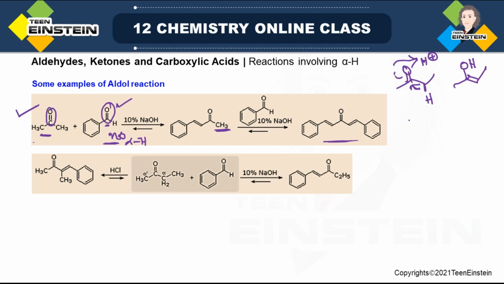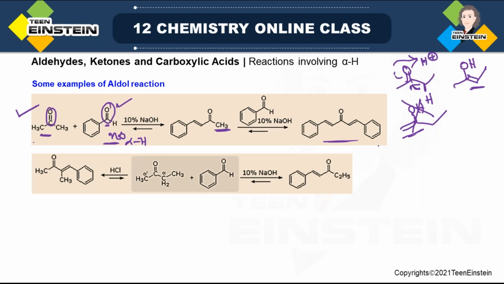If you are thinking why not the other position, if you consider the other position, the enol will be something like this. But comparing the CC double bond here and the CC double bond that you are getting in the first case, obviously the first one is more stable, so this will not be formed. This CC bond is more substituted, so this enol is more stable.